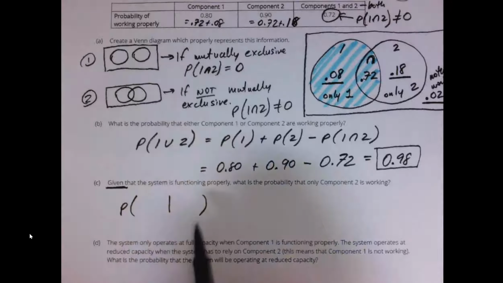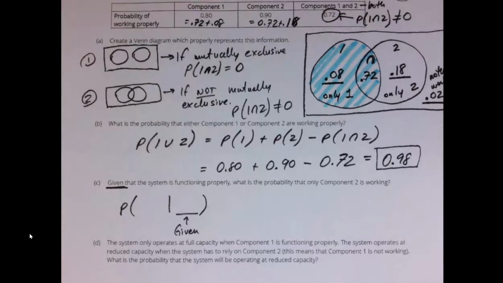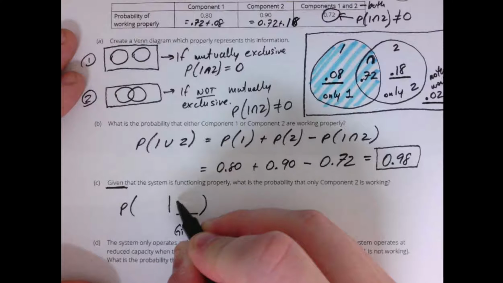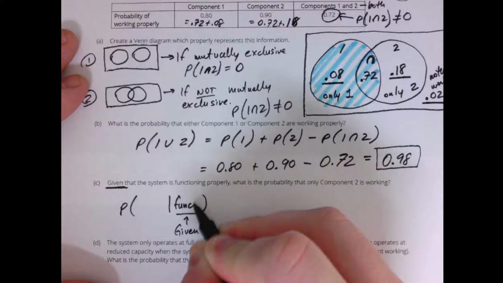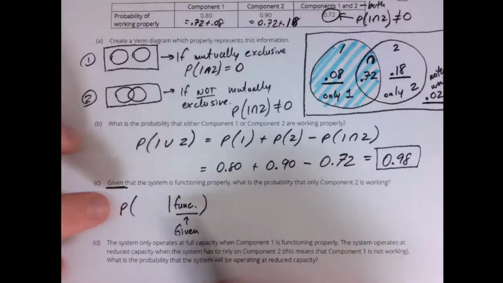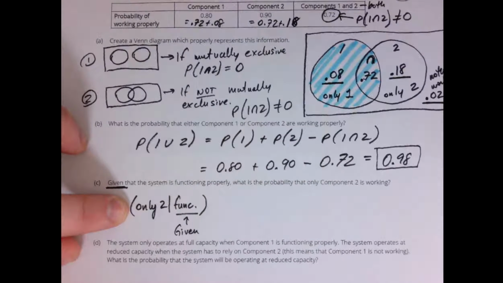So this line tells me what's given here. What's being given is the system is functioning, and given that it's functioning, what is the probability that it's only 2?